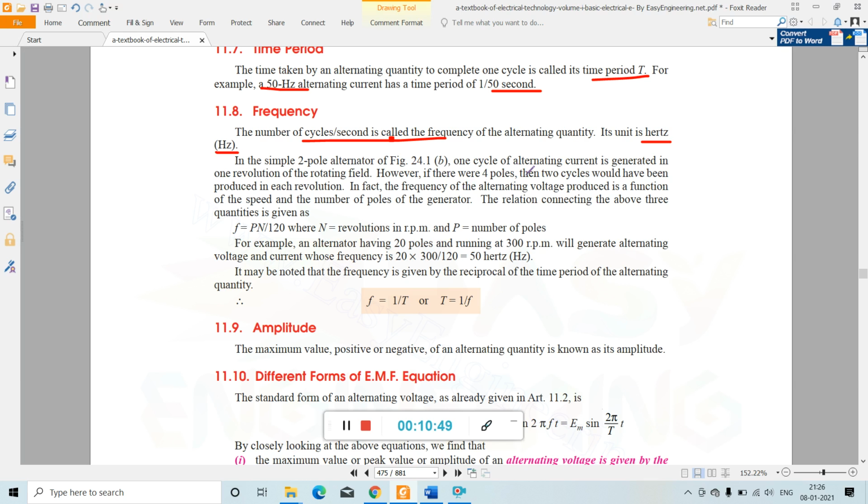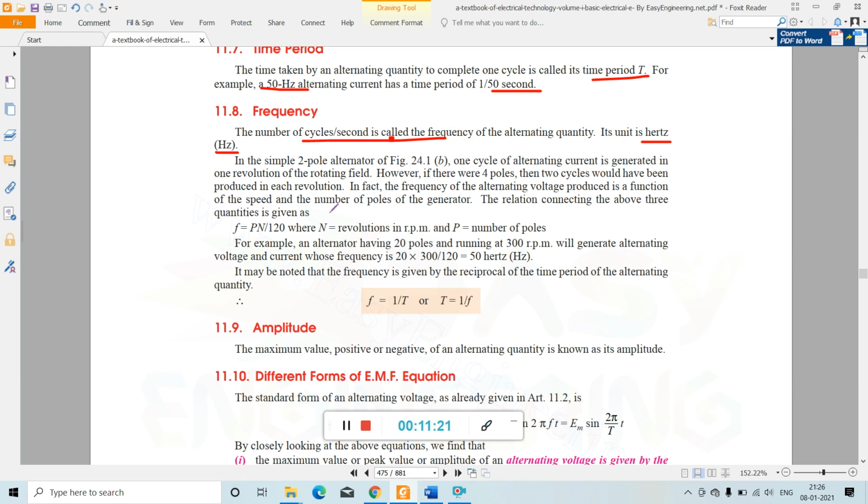See, in a two-pole alternator, one cycle of alternating current is generated in one revolution of the rotating field. If there were four poles, then two cycles would be produced in each revolution. In fact, the frequency of the alternating voltage produced is a function of the speed and the number of poles of the generator.